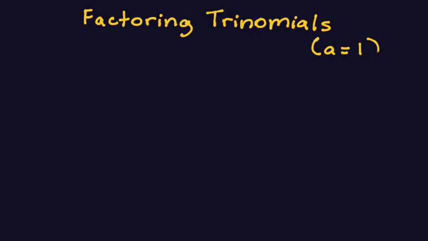Okay, factoring trinomials. Let's get into this. The only thing I want to clarify before we get started is that we're going to be factoring trinomials where a, the coefficient at the beginning of the trinomial, is equal to 1. So we're only going to be factoring trinomials like, let's say, this is an example problem.